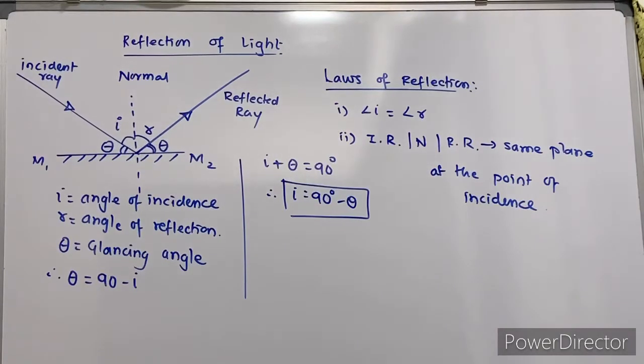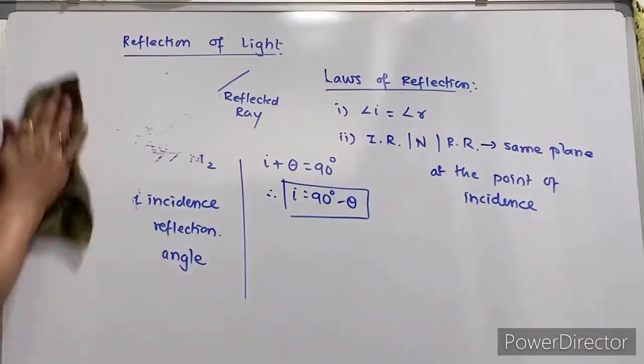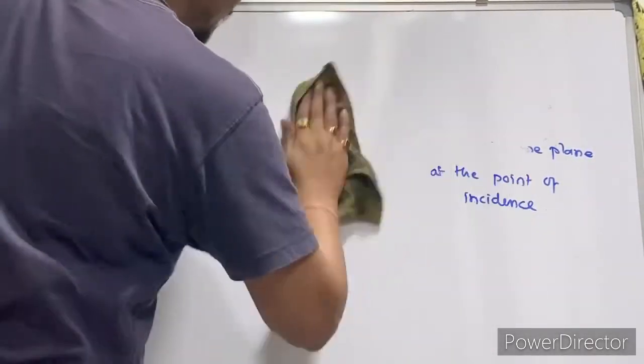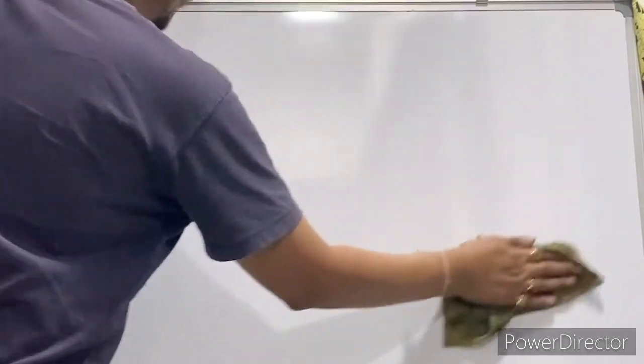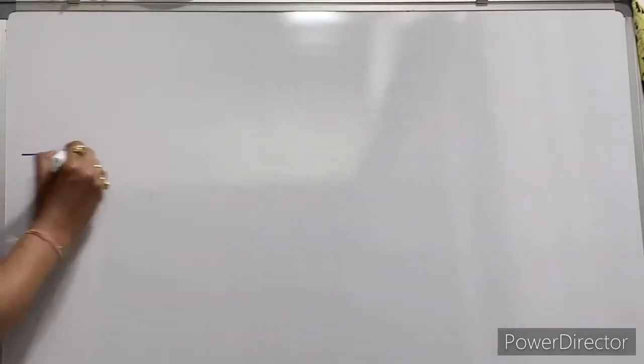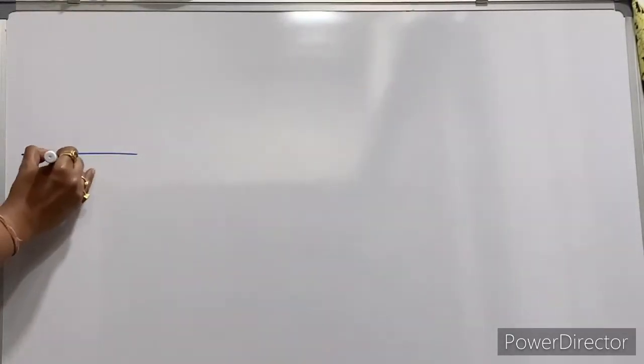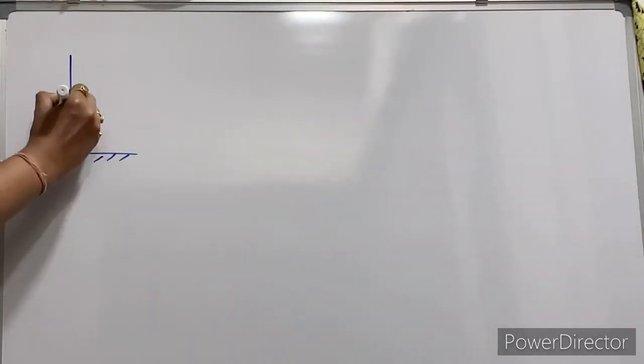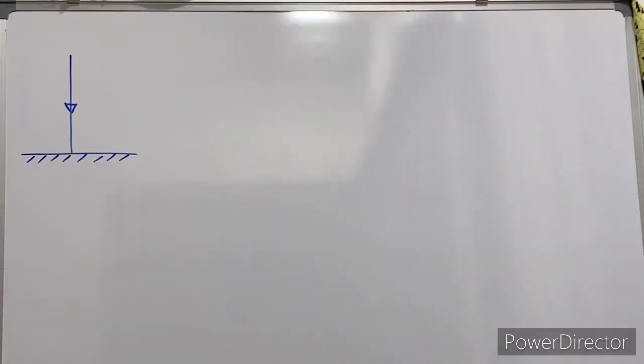This is about the laws of reflection, right? Okay. Now we'll come to the next part. If they ask what is normal incidence, what we have done so far was oblique incidence. Now this is my plane mirror, and on it suppose this is my incident ray.